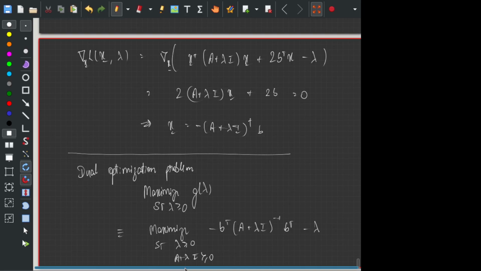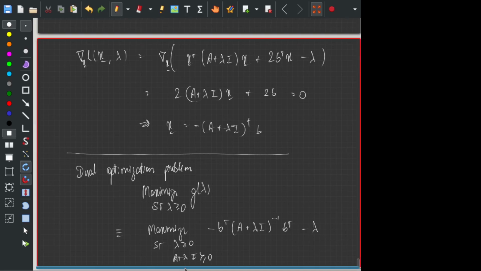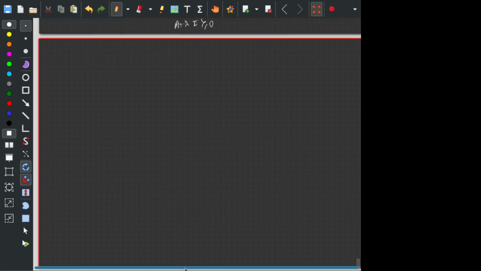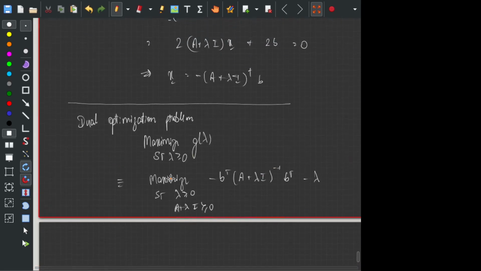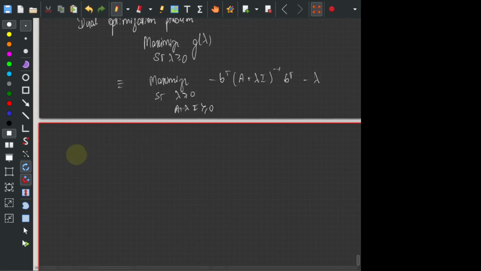Could there be a case where lambda greater than or equal to 0 does not imply A plus lambda I is PSD? Well, let's take one specific example.